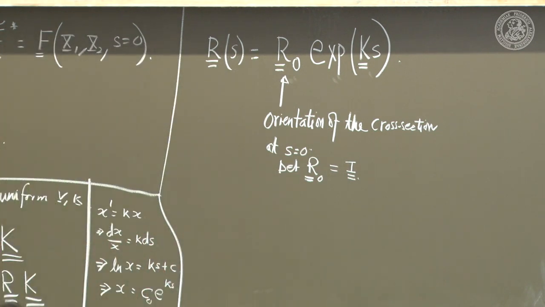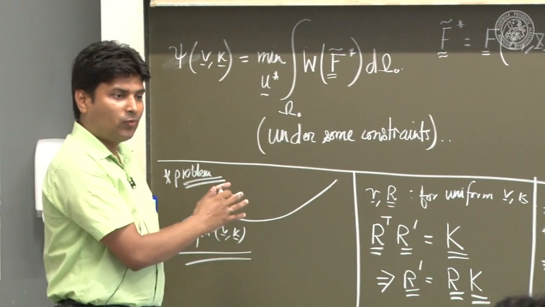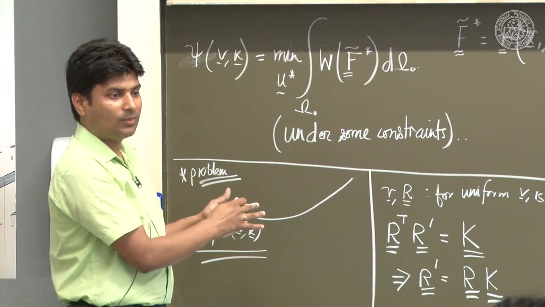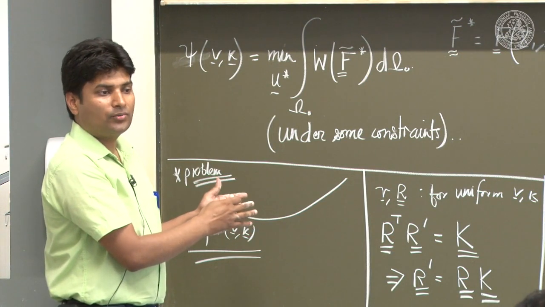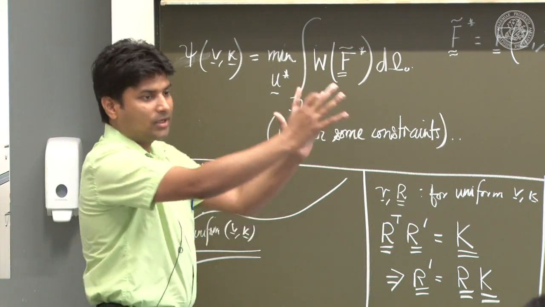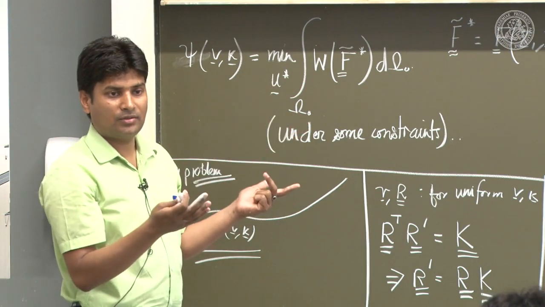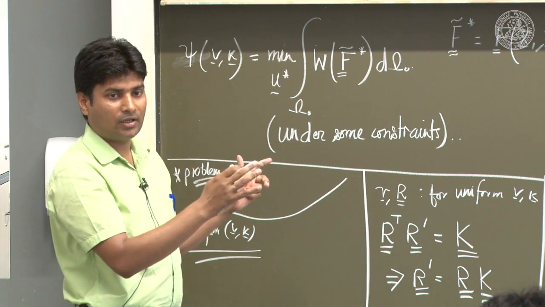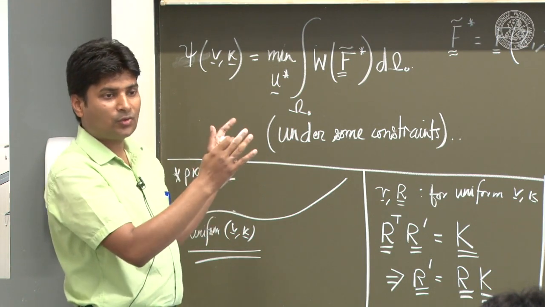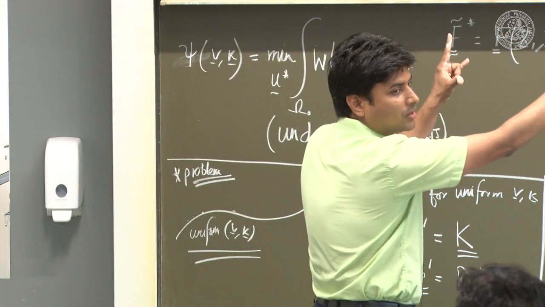See, because we are prescribing strain here, we are not prescribing displacements. When you prescribe strain only in a problem, you always have that non-uniqueness of solution. You can always rigidly displace any solution and you have the same strain, isn't it? If you are only prescribing a strain, then you have infinite solutions. You have one solution, you rigidly displace it, you get another solution.